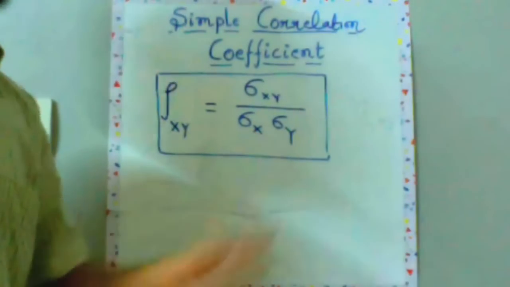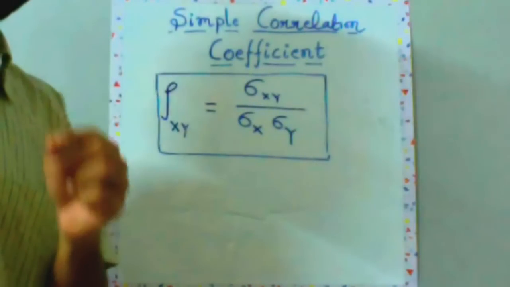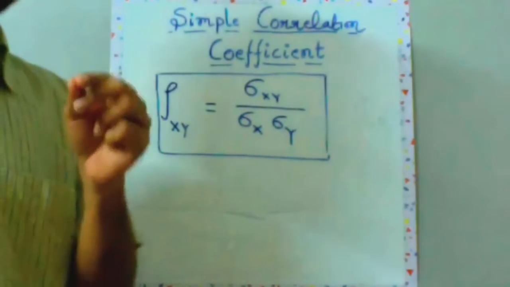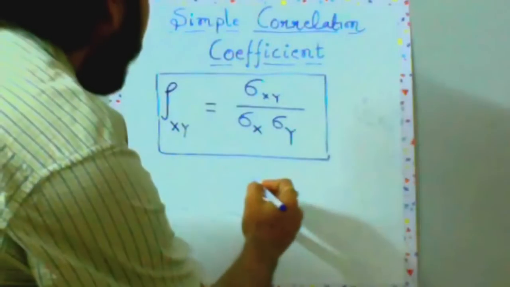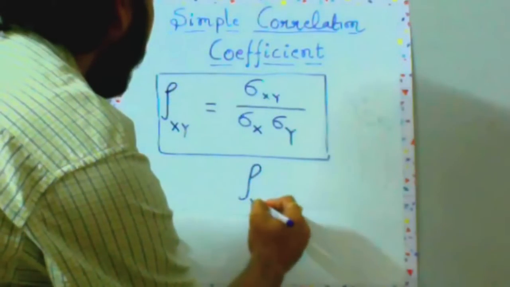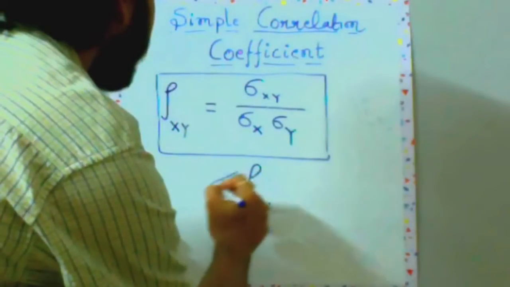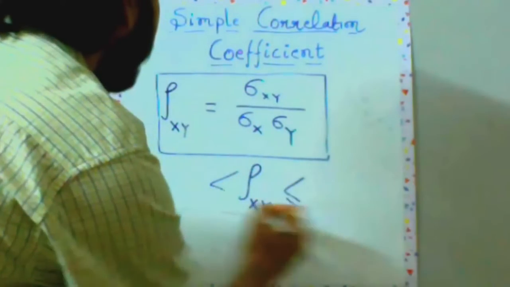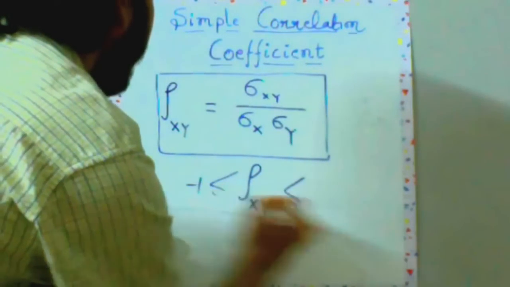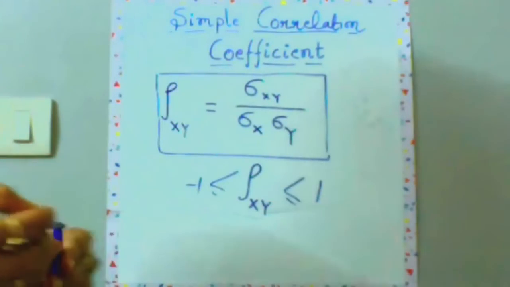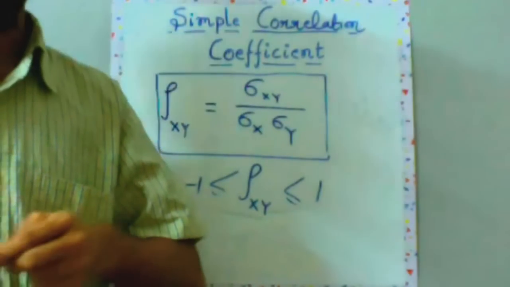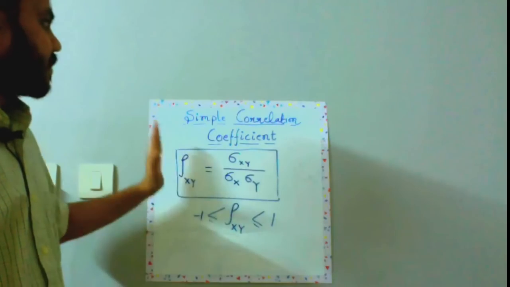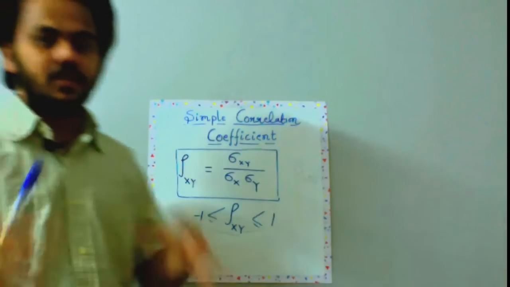Your sigma x can take your population standard deviation or sample standard deviation, and same goes for sigma y. If you calculate these values, you will always get the simple correlation coefficient between -1 and +1. You can also prove this using a few mathematical inequalities. So with this, the simple correlation coefficient video is now complete.